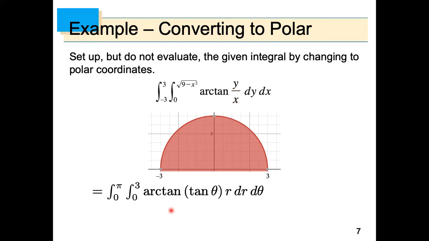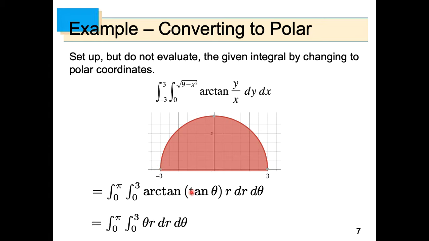But notice that my innermost integral, dr, corresponds to the radii from 0 to 3. And if you notice, this shaded region consists of all the radii from a radius of 0, which is at the origin, out and up to a radius of 3, all along this half circle here. And of course, our angles are going to be starting at the angle theta equals 0, all the way out and around to theta equals pi.